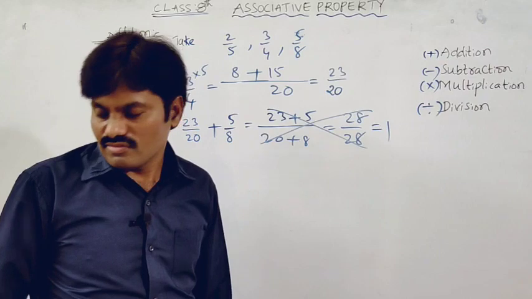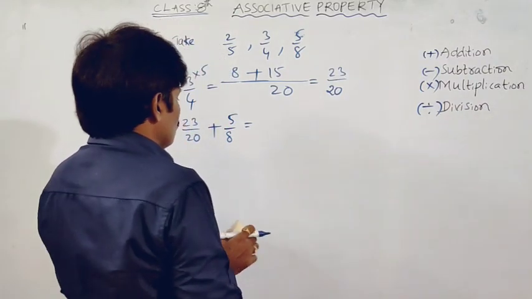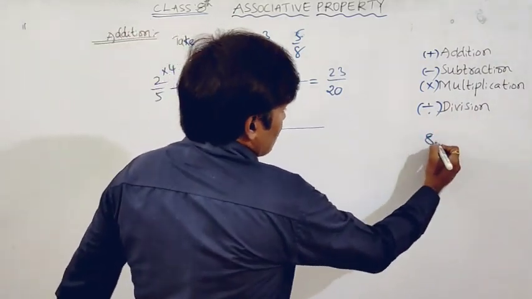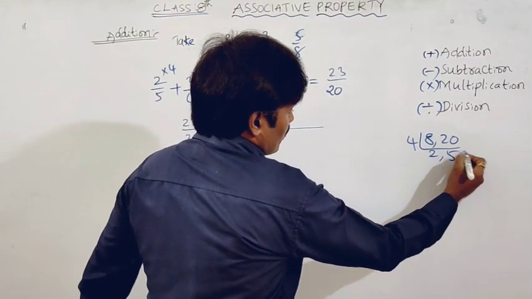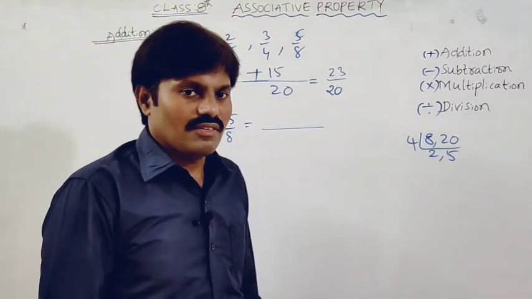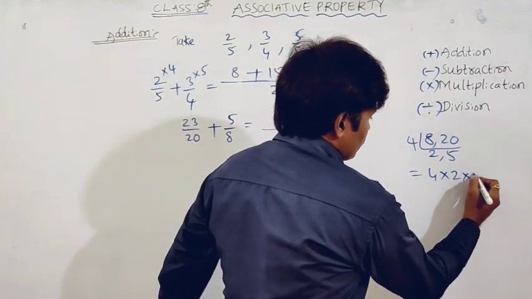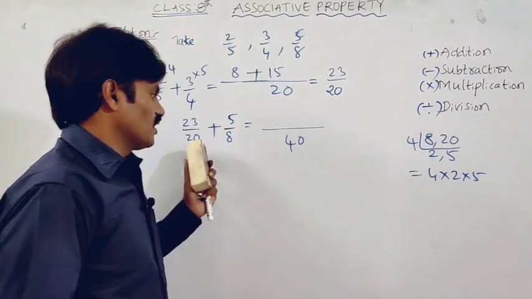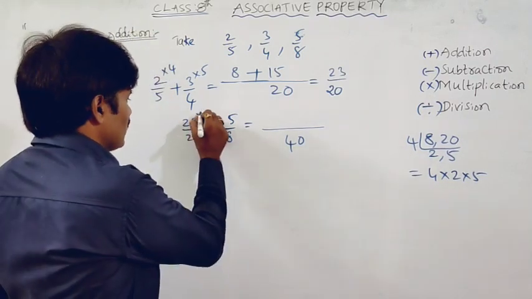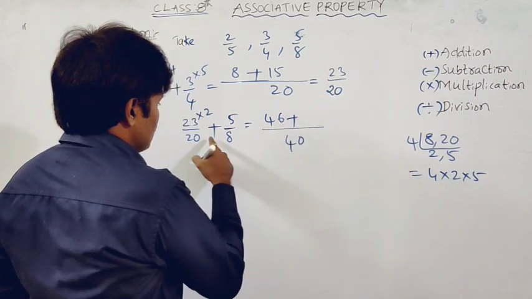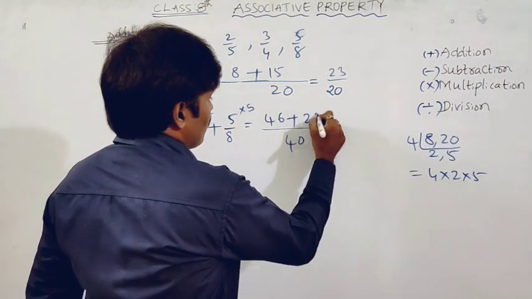What we have to do is find the LCM of the denominators. The LCM of 20 and 8: taking out the common factor 4, we get 2 and 5 left, so the LCM is 4 into 2 into 5, that is 40. Now 20 divides 40 two times, so 23 into 2 is 46, plus 8 divides 40 five times, so 5 into 5 is 25.